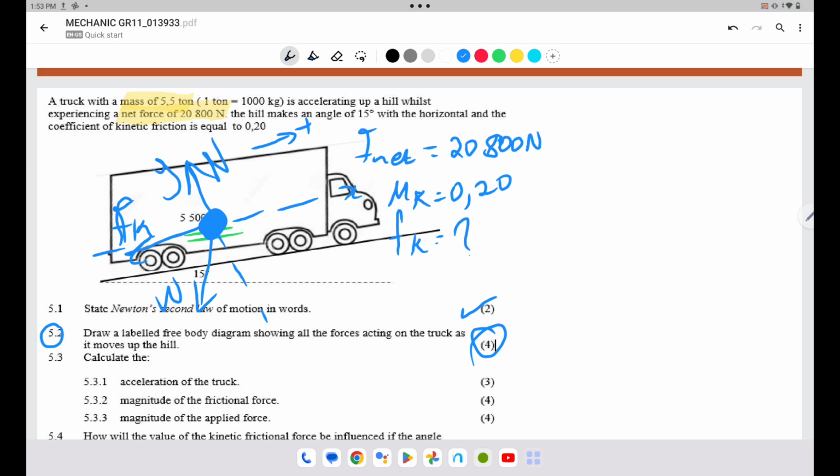So this is the force applied that is causing the uphill motion. That is force applied. Force applied by what? This force is applied by the engine. And there we go. We have our 4 forces. And I can draw a duplicate over here where I'm going to be showing the components.